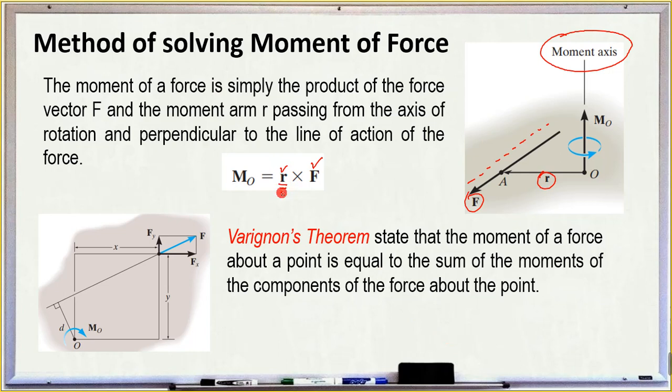Okay, the R here. Meaning, R is not explicitly defined. Kung imo kitaan sa figure on the left side, so mo ani siya ang D, no? The D here is our R because this is the perpendicular distance of the line of action of our force, kaning F nato kaning blue, with respect to the axis of rotation, kaning point O. Now, ang given na nato is y ra and the x.